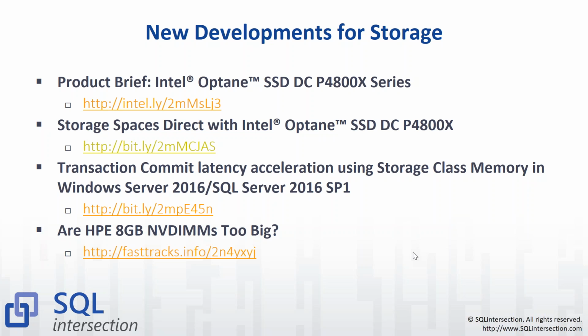So you create a little tiny log file that just the very tail that lives on one of these super fast storage devices, and then you can get much better performance writing to your log file. Now this is only important if you really have a bottleneck writing to your log file, but for some people this is a really big deal, and this is something you can get with Windows Server 2016 and SQL 2016.